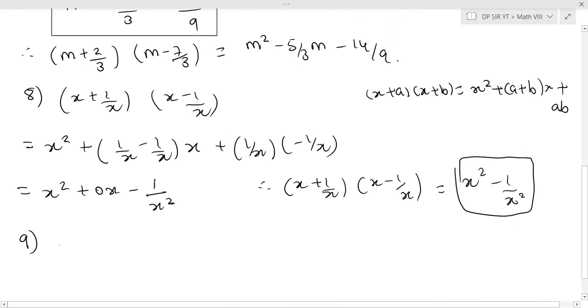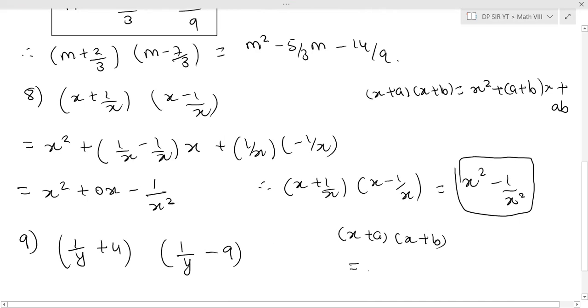That is (1 upon y plus 4)(1 upon y minus 9). If you want, I'll write it neatly. So (1 upon y plus 4)(1 upon y minus 9). So here it's going to be again (x plus a)(x plus b) is equal to x square plus (a plus b)x plus ab.